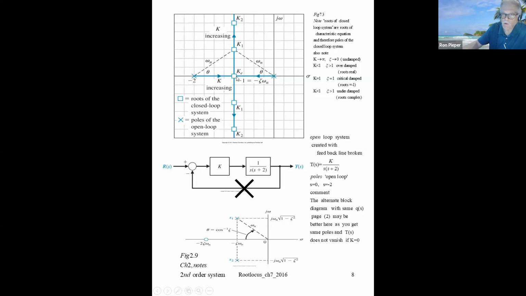At K equal to 1, they more or less converge on that point, and then as you make K bigger than 1, they go off. The roots go above and below that point on the complex plane, and they're complex. Okay, that's increasing K.